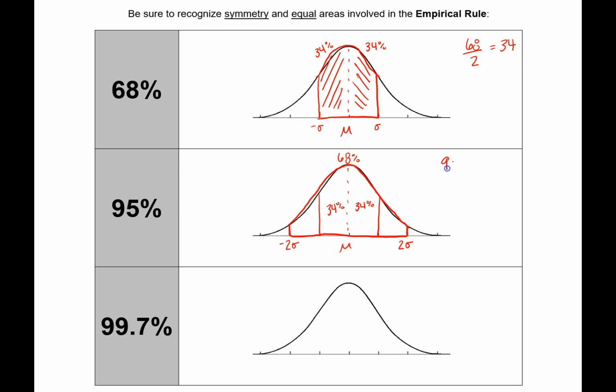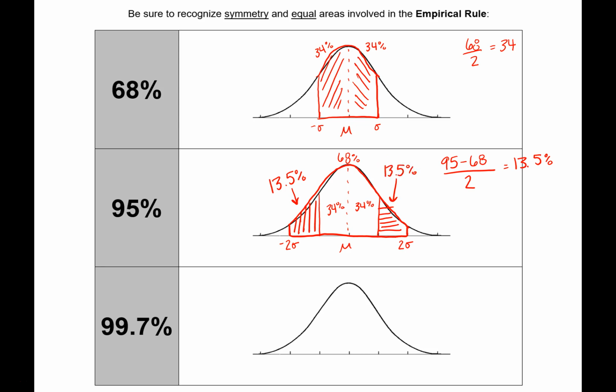If we take our 95% and we subtract our 68%, that means we're looking just at these outer wings here. And if we take that difference and divide it by 2, that's going to be 13.5%. So this left area is 13.5%, and this right area is 13.5%.